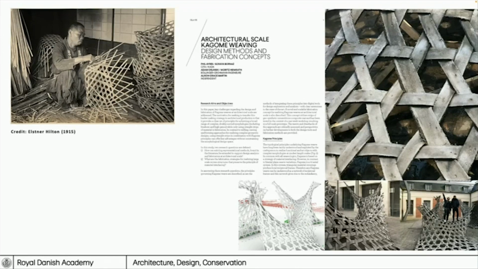So we've done forays, again, with Alison and also Adam Orlinski and Moritz Heimereth from Bollinger Grauman, looking at the idea of a really textile logic to achieve this, where we're using a cementitious fabric, which is cut and then woven.